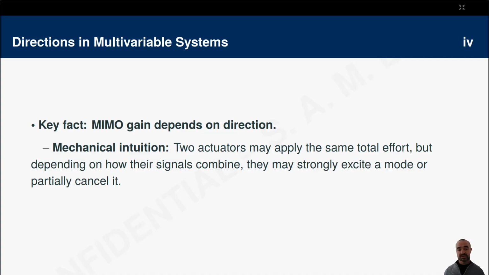In both cases, you have the same total effort because you're applying the same excitation, but you have different modal participation because the phase varies between case 1 and case 2. So you can spend the same energy and still get almost nothing if you excite the wrong direction.